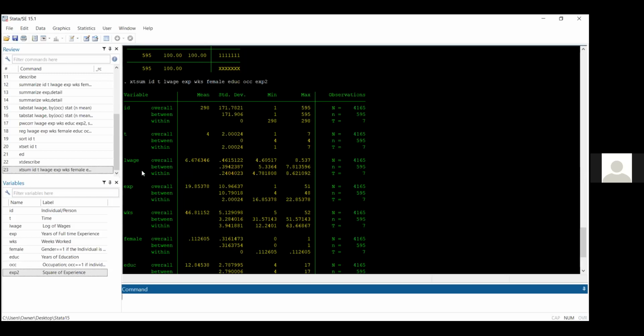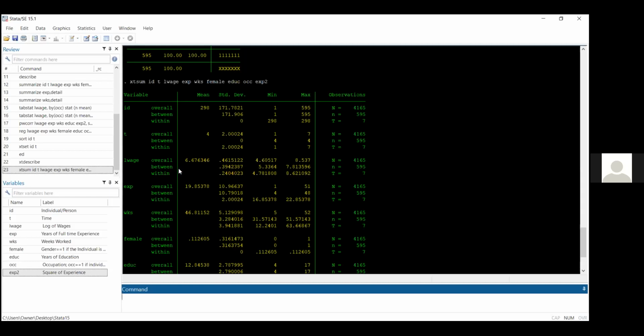Let me start with lwage, but even this, we have overall, between, and within. The overall is for the whole sample, not controlling for time and not controlling for cross-sectional issues.